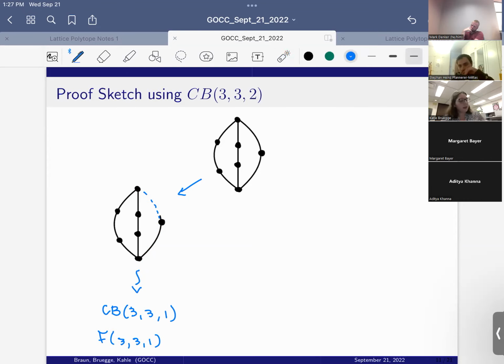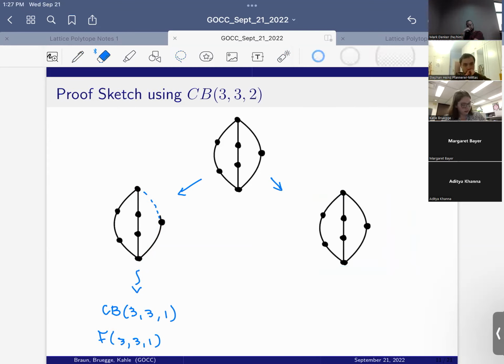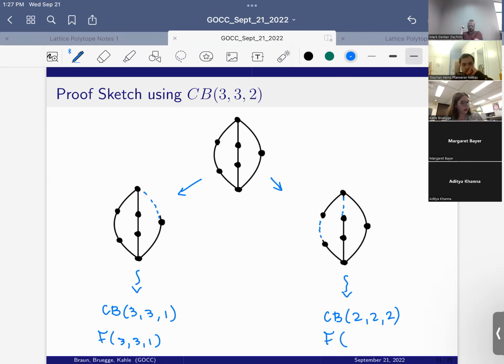Similarly, if we decide instead to cut our odd paths, say we make this choice and this choice, we can think of now contracting each of these edges, and we can think of this graph as a CB 2, 2, 2 with facets counted by f of 2, 2, 2.